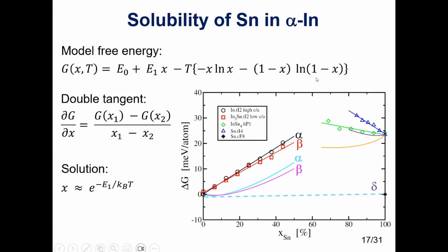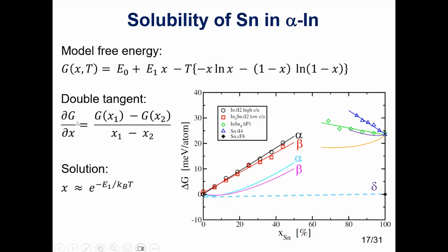And then to work out the convex hull, we need to carry out a so-called double tangent construction. We need to find a line that is tangent to this light blue curve labeled alpha, which dips slightly below 0. And it also has to be tangent to the point delta that sits at 100% tin and delta G equals 0.